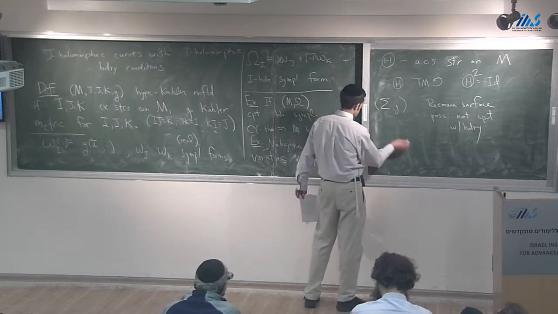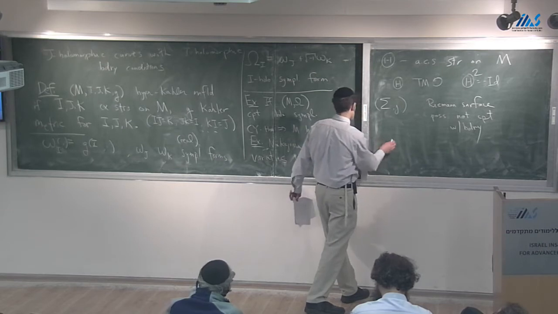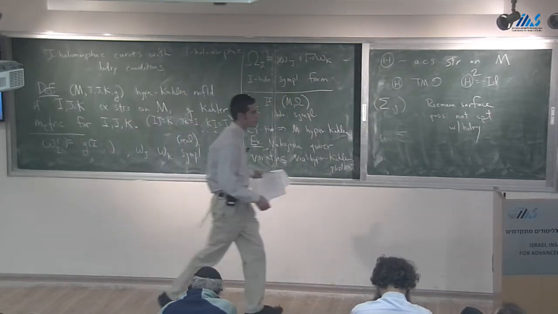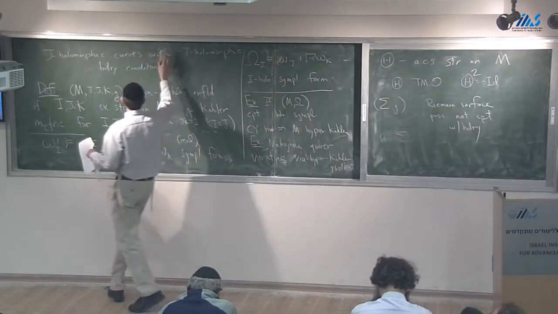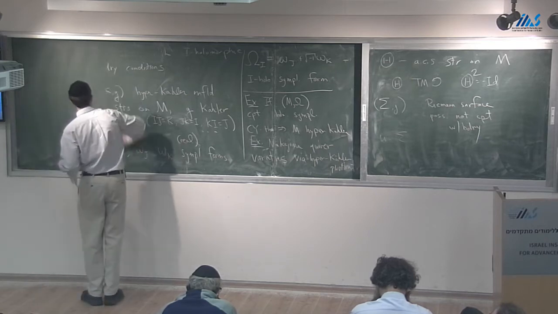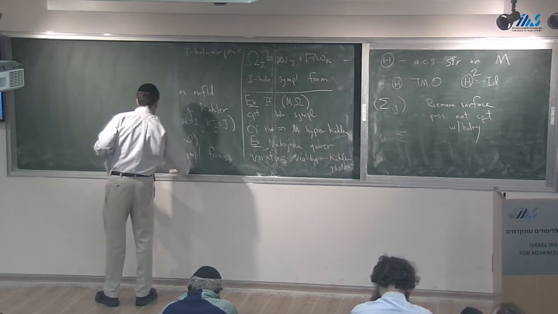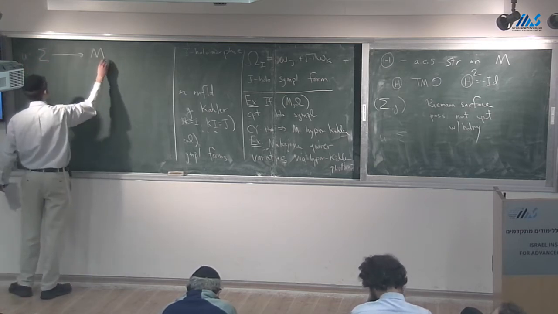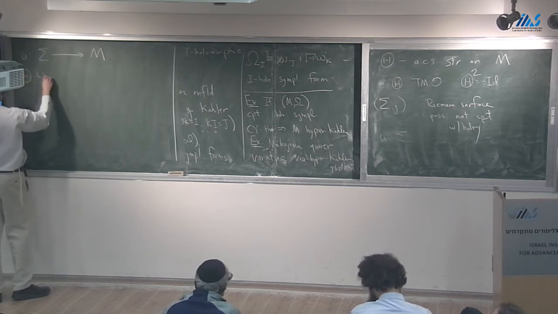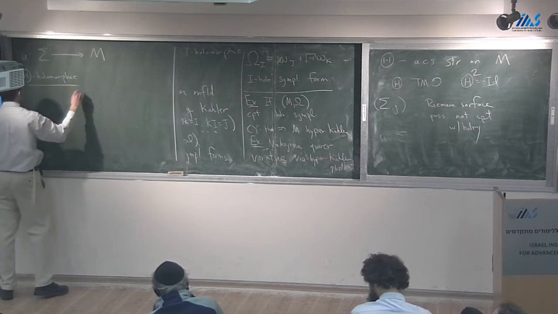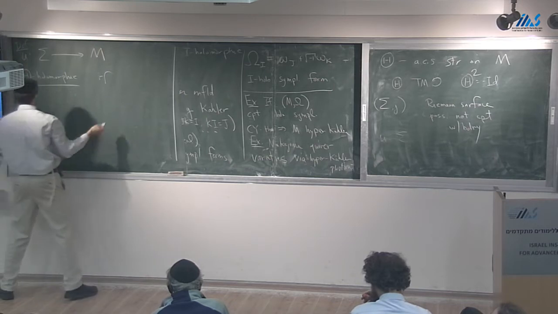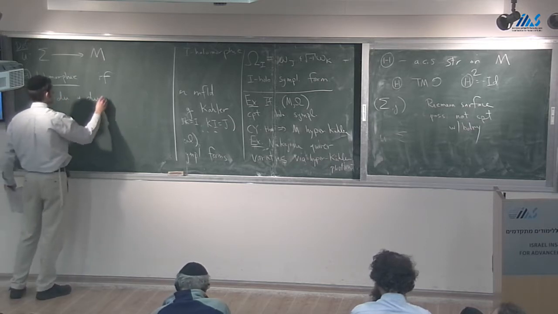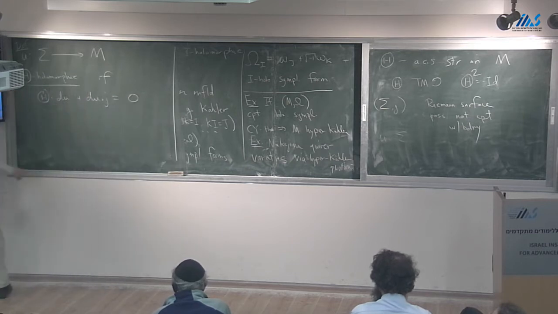Then we can talk about a map u from Sigma to M. It is called theta-holomorphic, and this is a definition, if theta composed with du plus du composed with little j is equal to 0 on Sigma.